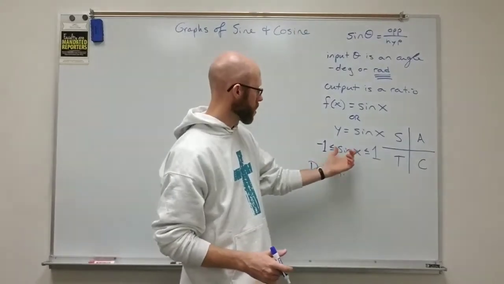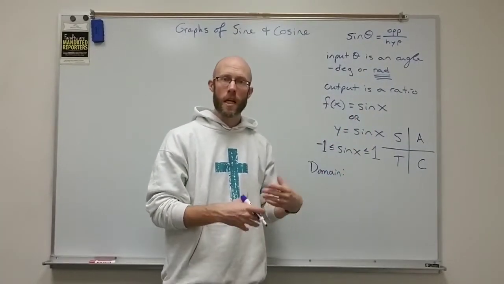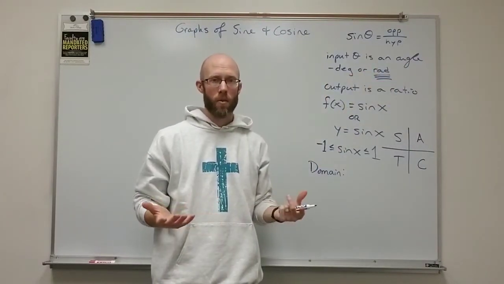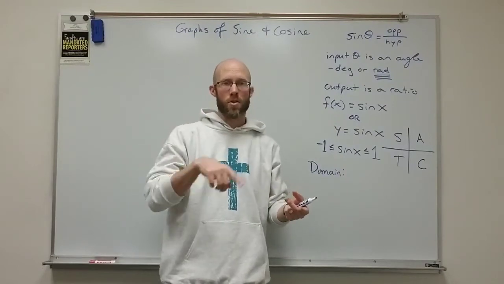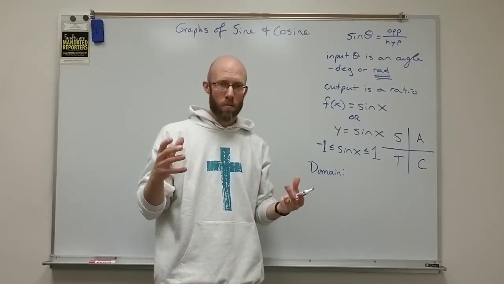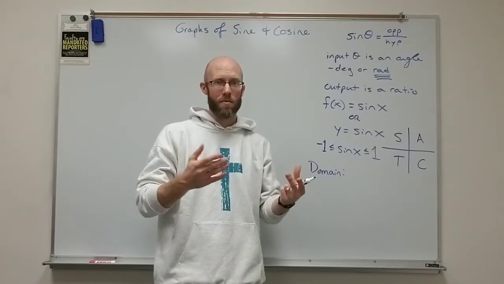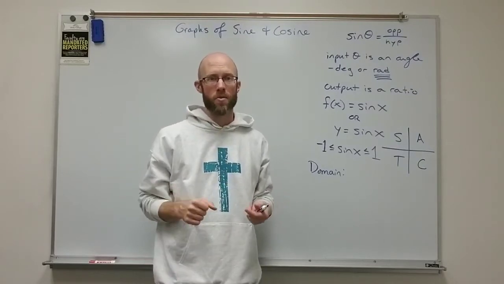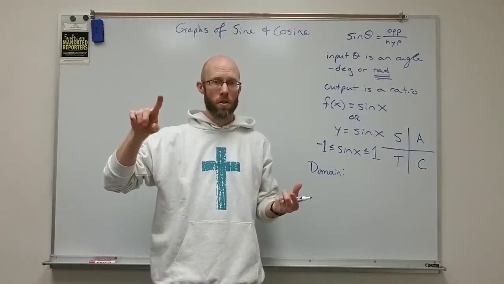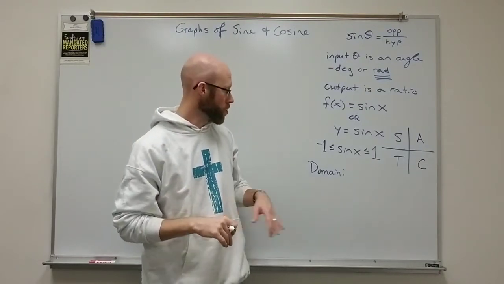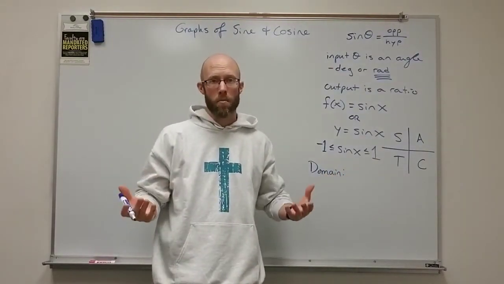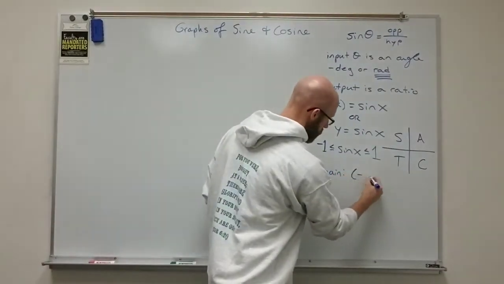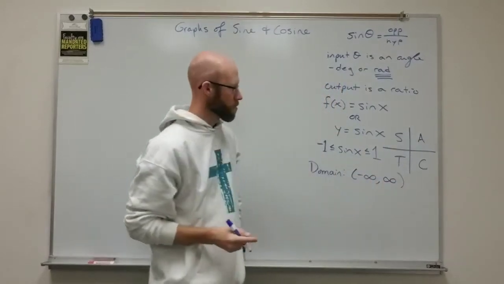And so for a sine function, because the inputs are angles, and angles can be represented really in, if you keep going around the circle, your inputs could be anything, from 0 to really large numbers, because you can just keep going around the circle and inputting larger and larger values. You can also put negatives in if you go around the circle clockwise. And so the domain could be any number. Any number can be an angle that you plug in to a sine function. So the domain is all real numbers from -infinity to infinity.